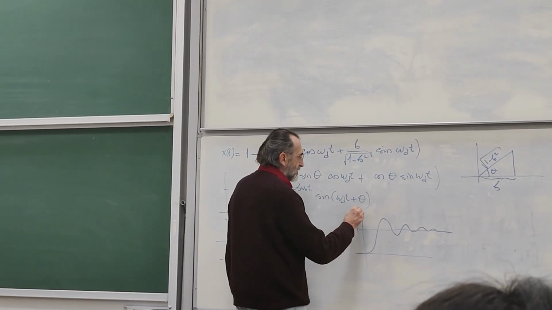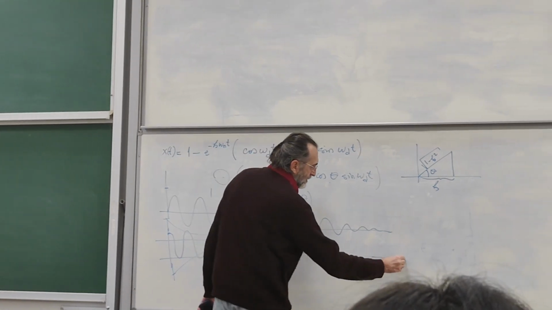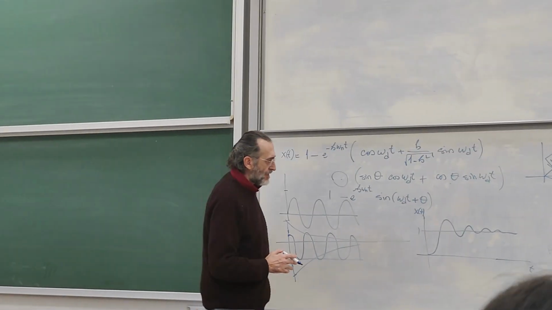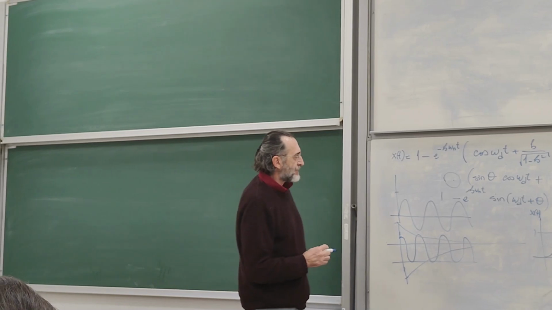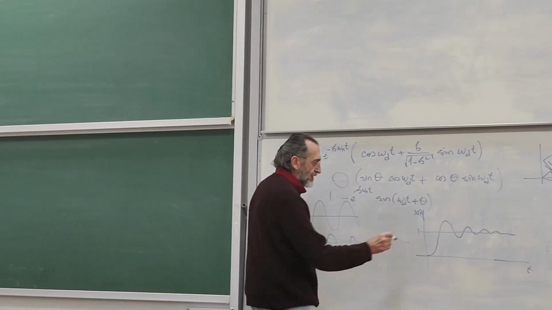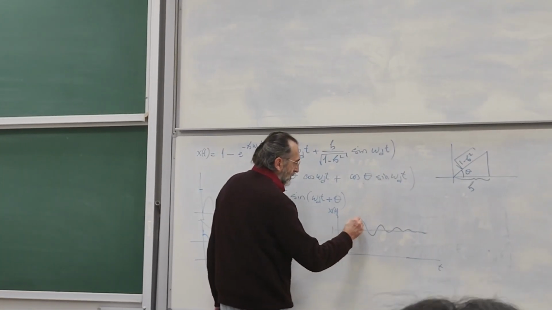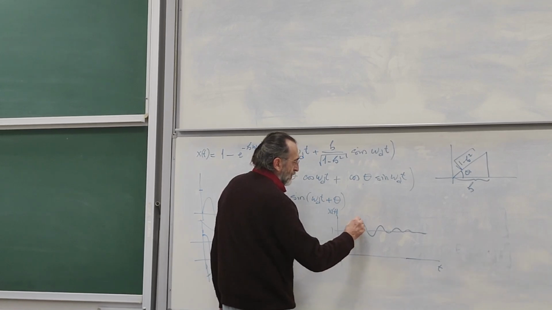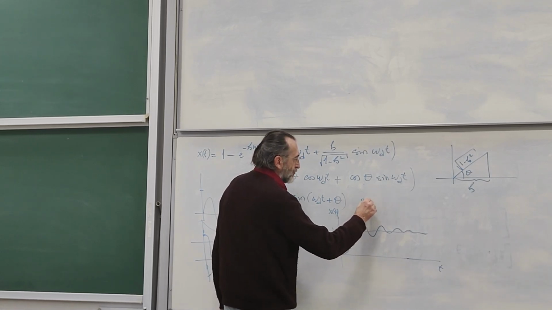Right, this is going to be x of t now, and this is going to be t. The description of the system is going to have this value here, which we're going to call percent overshoot.